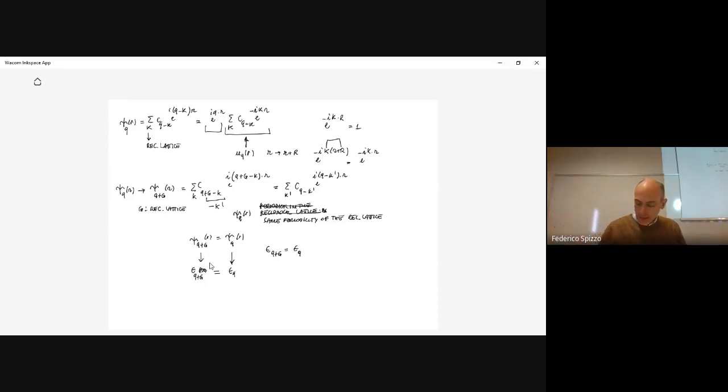So the idea is from now on, we will always refer to Q values that belong to the first Brillouin zone, as if we know what happens in the first Brillouin zone, we know what happens in all the reciprocal space. So from now on, we will just concentrate on that zone.